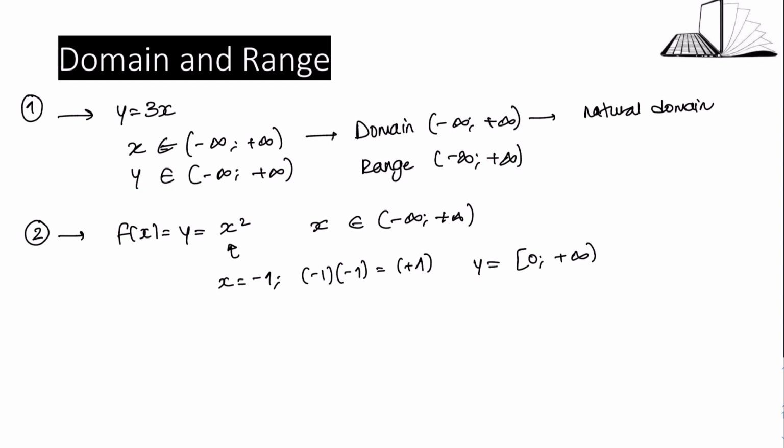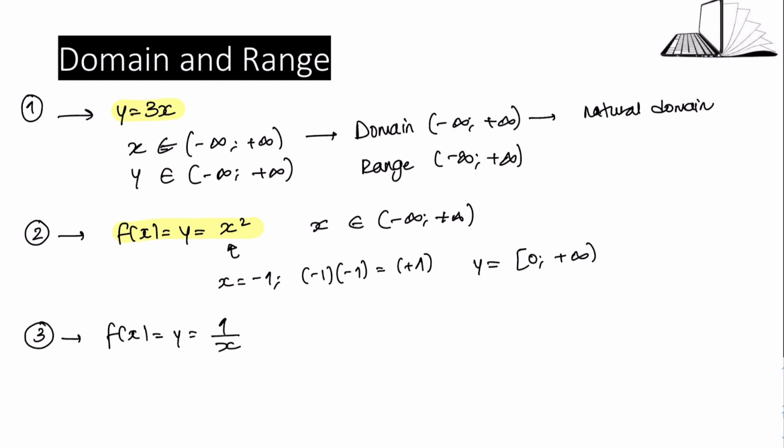This is another example of determining the range and the domain. For example, another example can be given. If we have a function f of x equals y equals 1 over x.